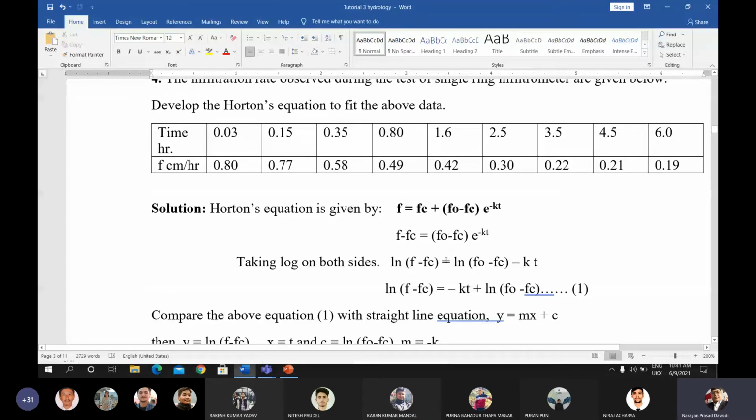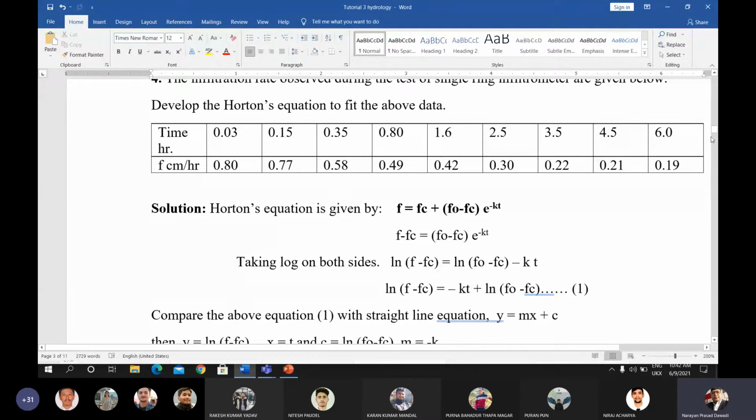Now look at the time duration and look at the f value. The time duration is not started from 0 hour, and the last value of fc is 0.19.